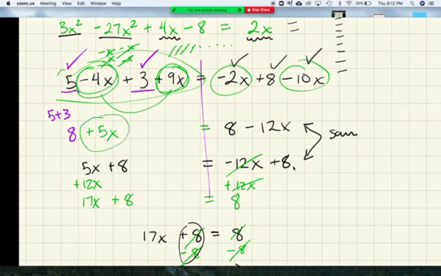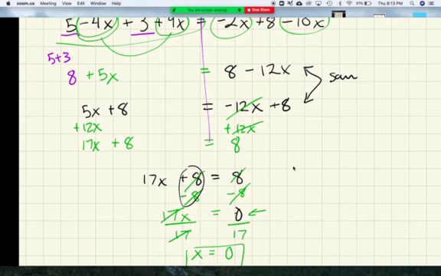Write down whatever you get, and then combine these. They're both positive, so that gives you the positive 8 there. And then do the same on the right side, and then pretend, letters to one side, numbers to the other. I happen to move this over that way. And then eventually I moved the 8 over that way.